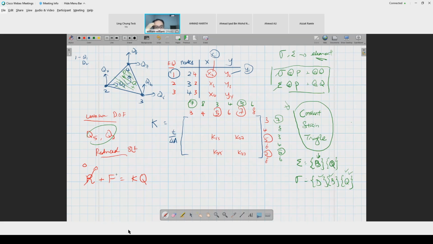Most of the time that's the case. When this type of question shows up, my suggestion is to keep T as an unknown thickness first. When you assemble the whole thing, K will be in terms of T over 4A, so you have T in front. Most of the time, for the question that comes with this type, for your F there will also be a T there. The hint I'm telling you is that F is most likely going to be traction, pressure, or body force.